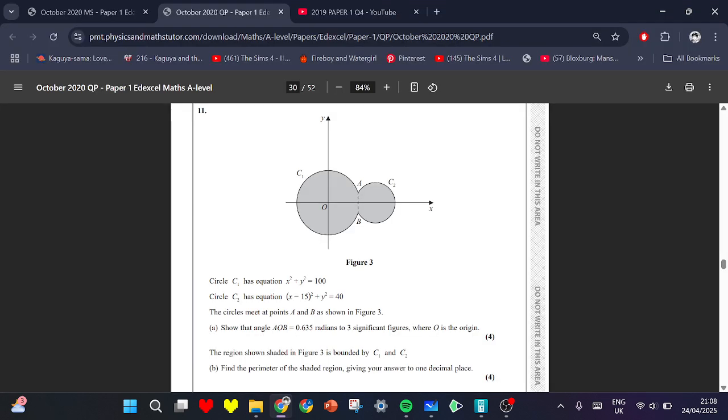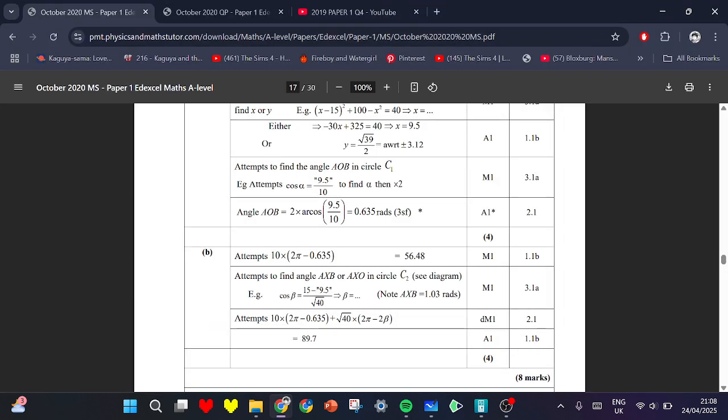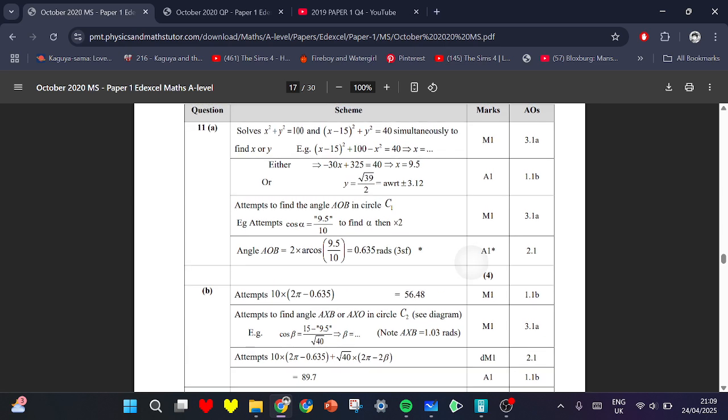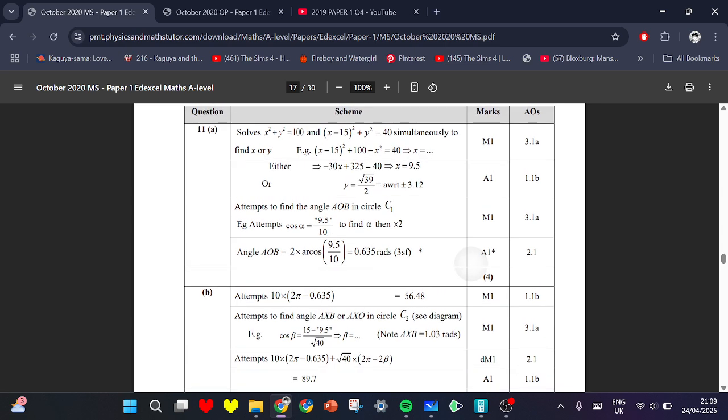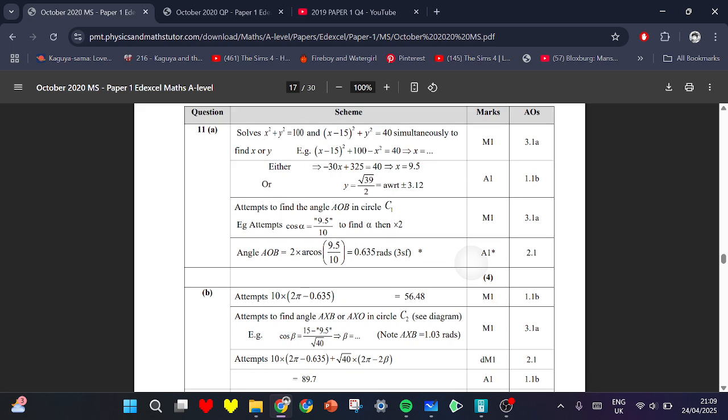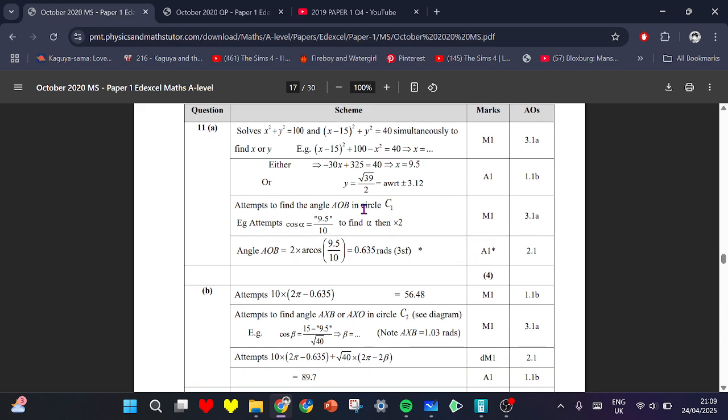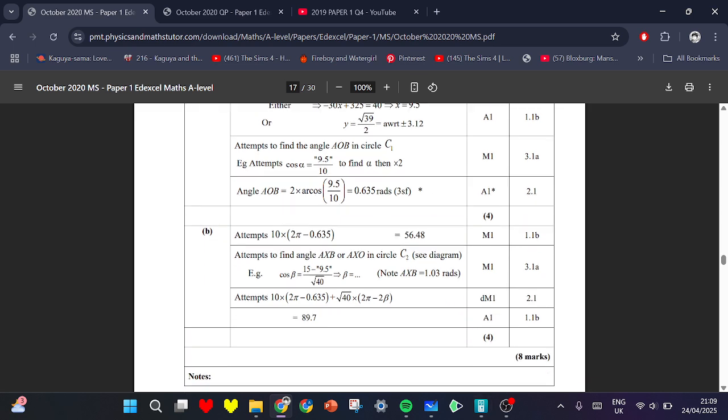Let me check the mark scheme. Okay, so I think they did it a different way in both parts, but you still get the marks, because I think that was a valid way to solve them.